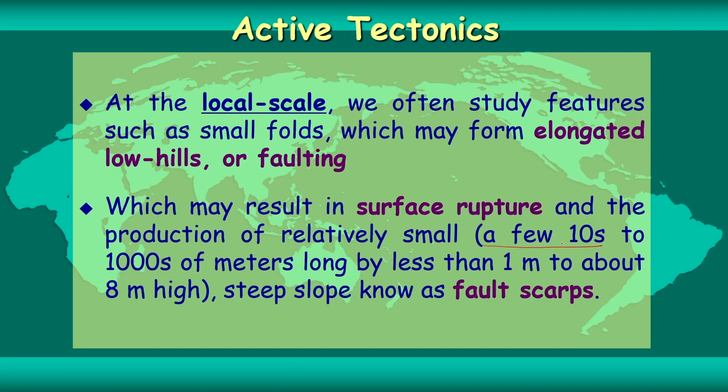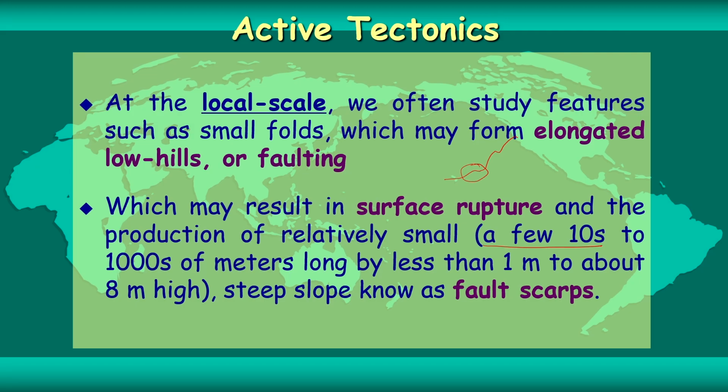So, a few tens or hundreds of meters long by less than 1 meter to about 8 meters high. Okay. So this is just an example that these are the features which may be small like this, or maybe quite high, or it may go up also. Okay. So you should not even miss these features. Okay, and they may be less than a meter also.